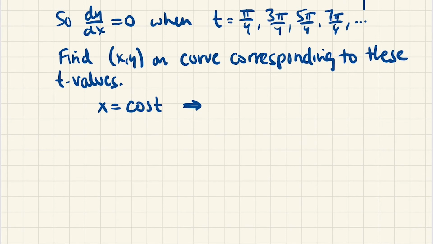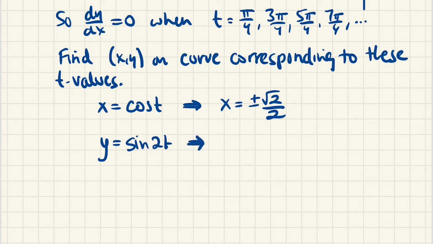So cosine of pi over 4, 3 pi over 4, 5 pi over 4, etc., those are just plus or minus rad 2 over 2. And our y, which is sine of 2t, so doubling these numbers, what is sine of pi over 2, 3 pi over 2, 5 pi over 2, 7 pi over 2, etc.? Those are plus or minus 1.